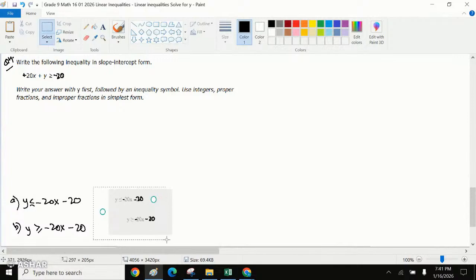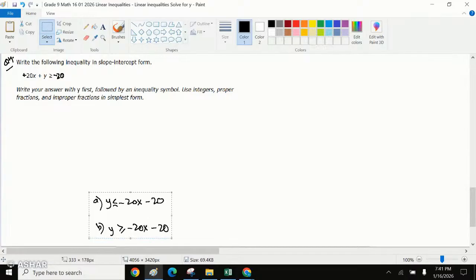And option B was y is greater than or equal to minus 20x minus 20. What we can see is that we are not being tested on the constant in this case, or even on the slope, because both the slopes are negative. What we are being tested on is the sign in the middle. We can see this sign is different from this.